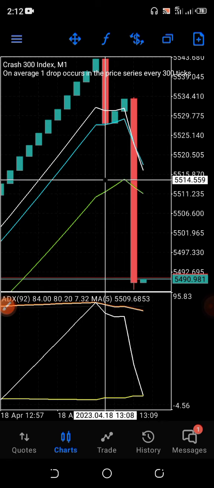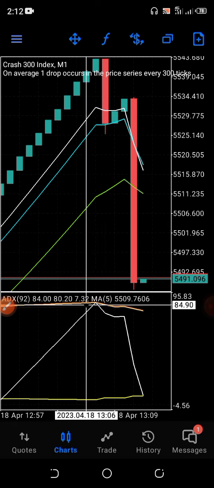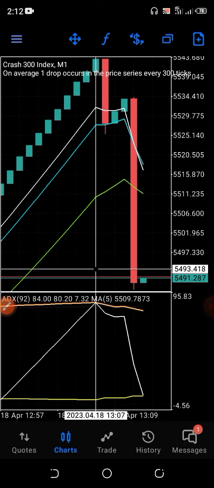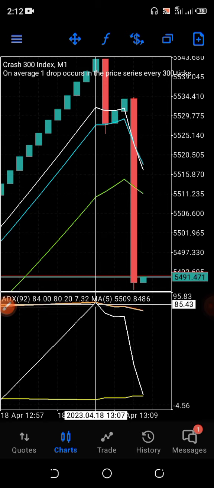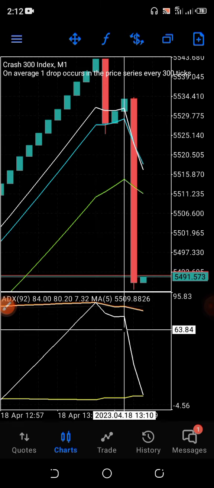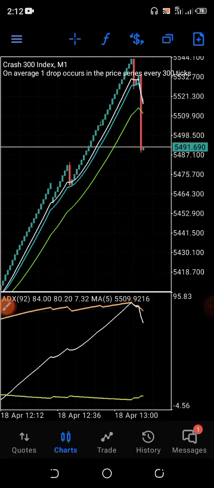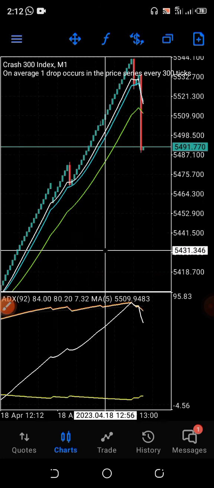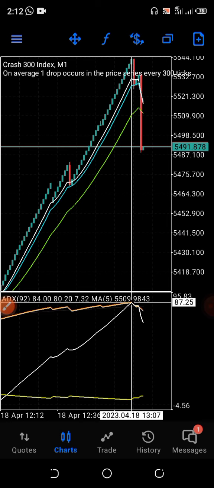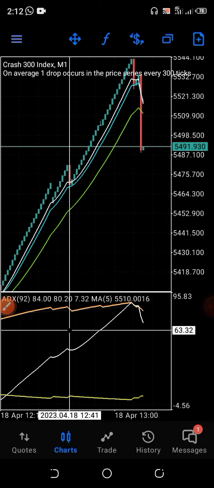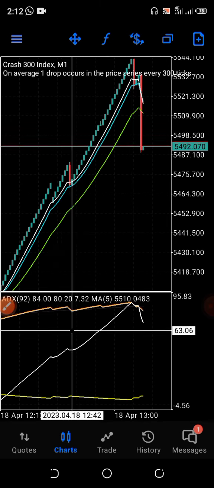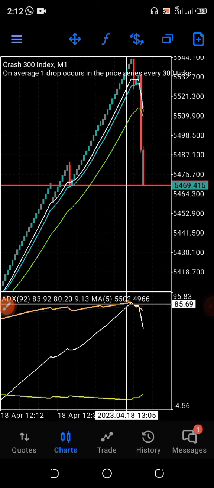If you want to know when to place trade, remember one thing I showed you. This thing may touch here and remain here for a long time without dropping. It's possible that this thing you are seeing here now, that has touched somewhere here, and since then it has been prolonging without dropping.